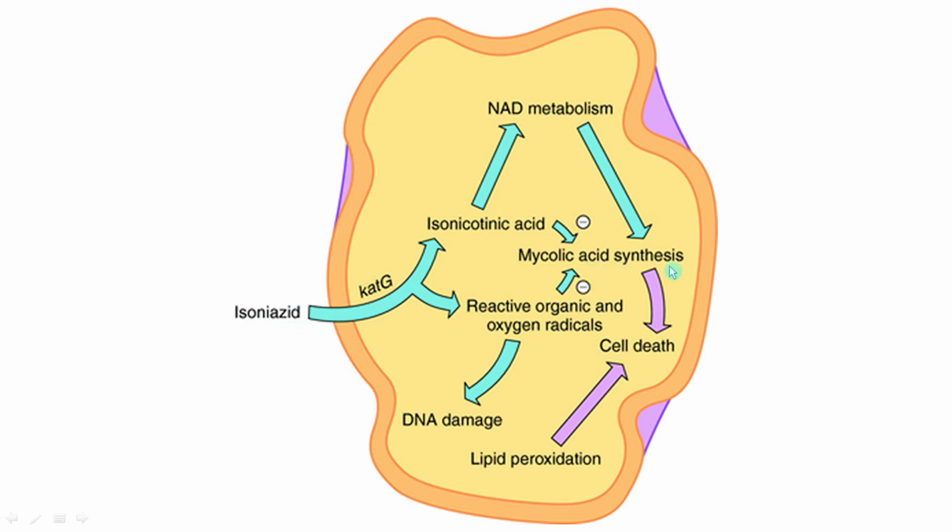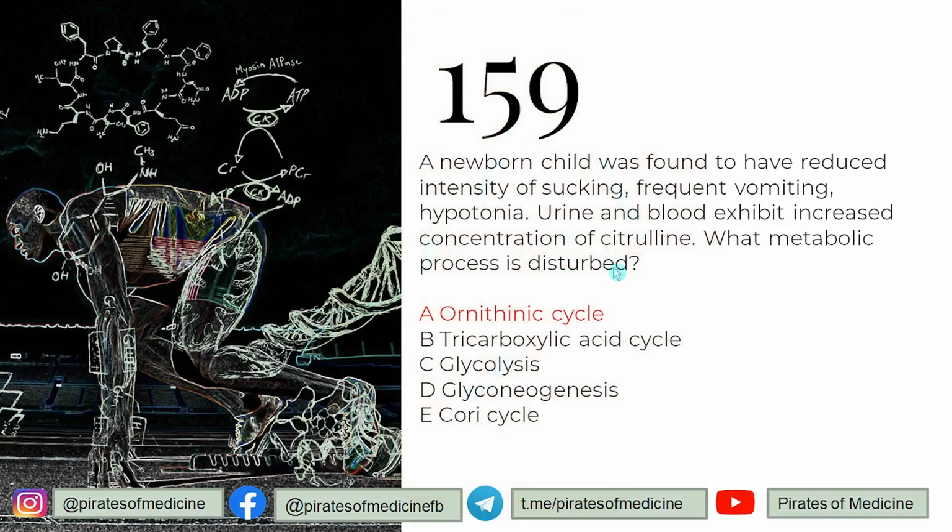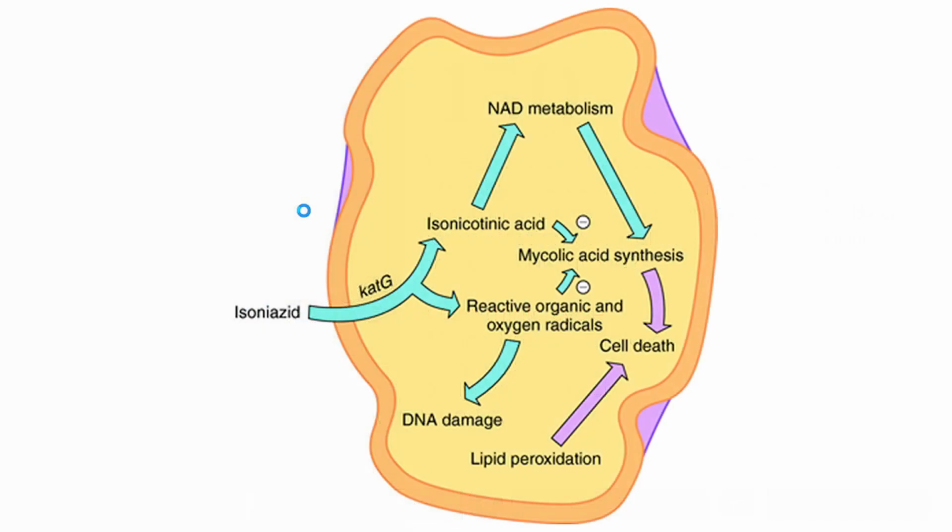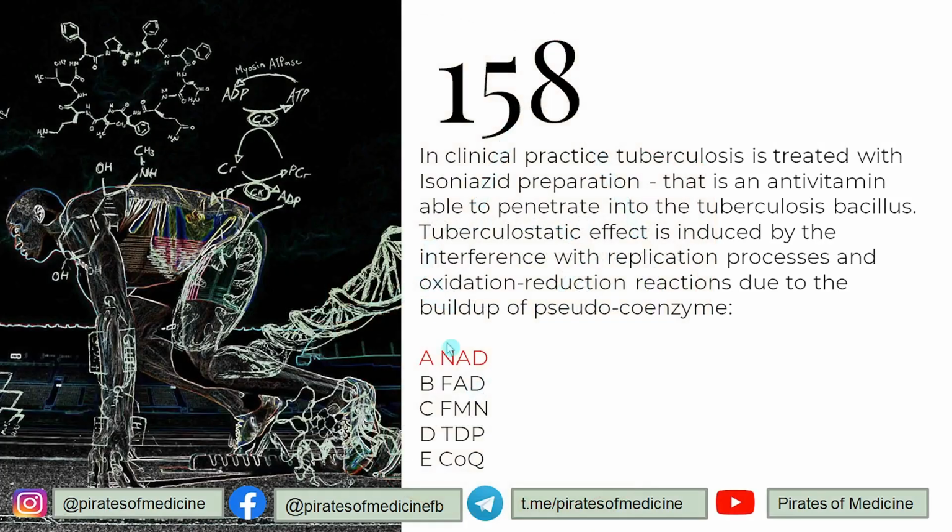Mycolic acid is an important component of the Mycobacterium tuberculosis cell wall. Because it is not synthesized properly, this leads to the death of the bacteria by the action of Isoniazid. So the pseudo coenzyme formed here is NAD, nicotinamide adenine dinucleotide.